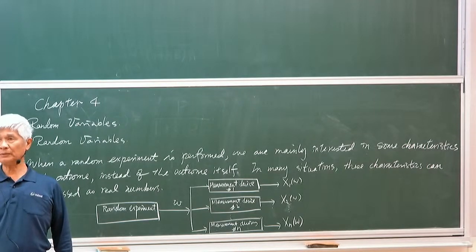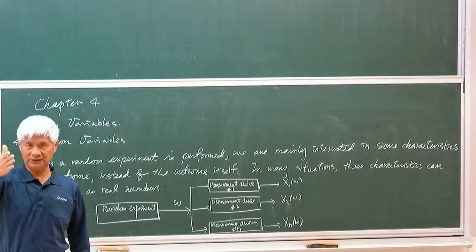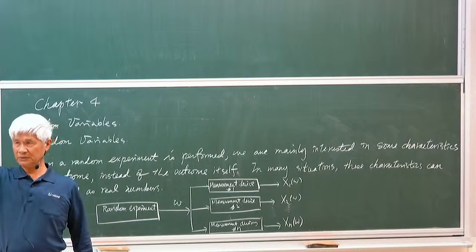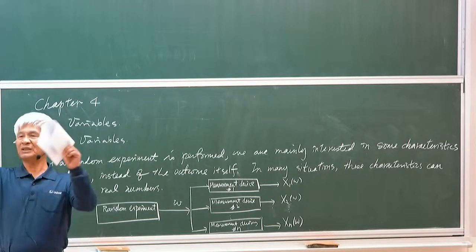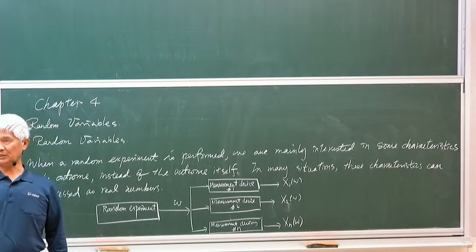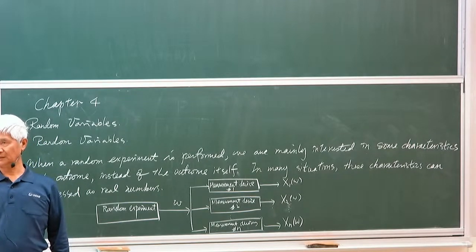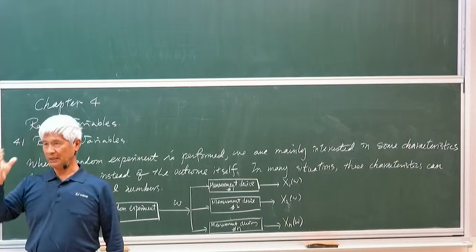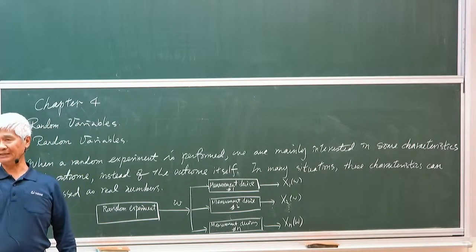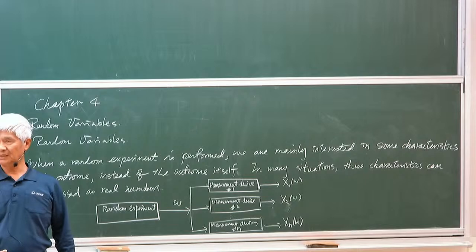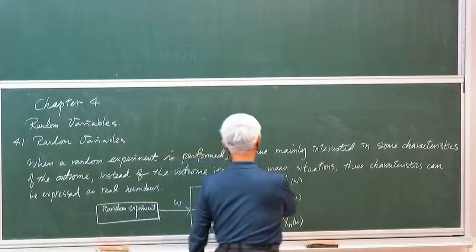Computer tomography consists of a lot of X-ray figures, which are used to construct a three-dimensional structure of part of your body. Or you can use NMR to scan your brain or your body. It also consists of a lot of slices of your body, used to reconstruct something. All these are measurement devices.